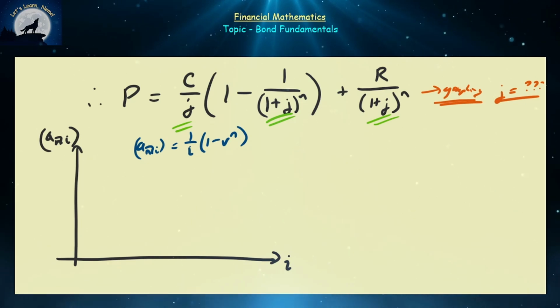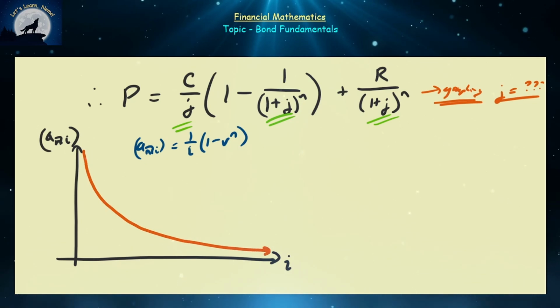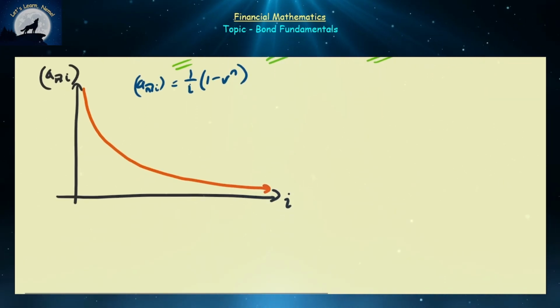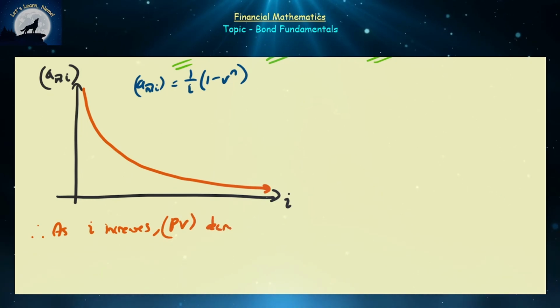So it's definitely going to be decreasing. If you look at this curve, as you increase the value of i, the present value of a angle n will decrease. That means as i increases, the present value of the annuity immediate decreases, right? It's worth less over time.